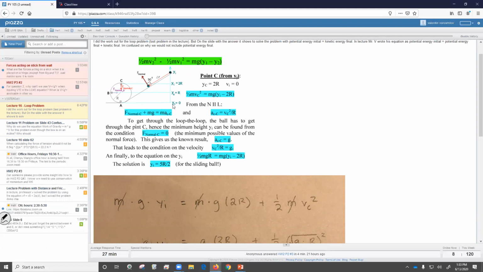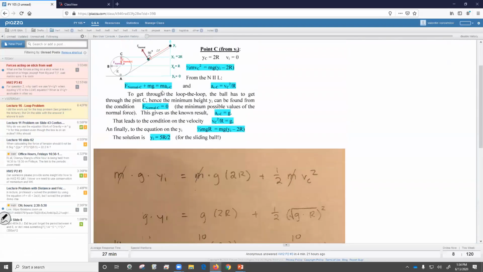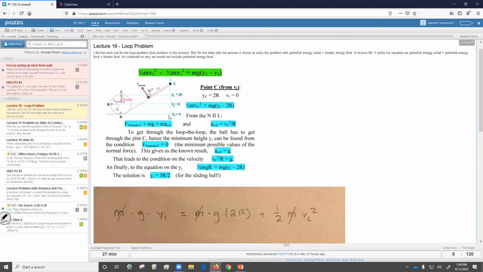Here in this slide, the reference point is at the bottom. So mgy initial is equal to mgy final plus kinetic. What is that? I don't know.